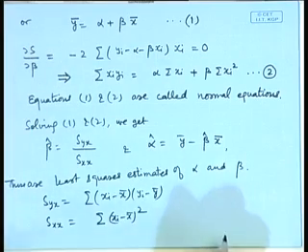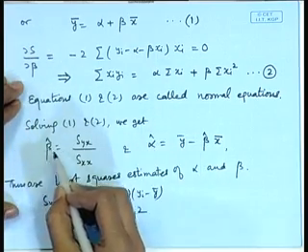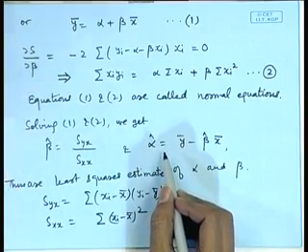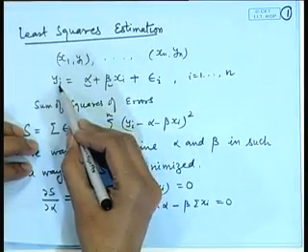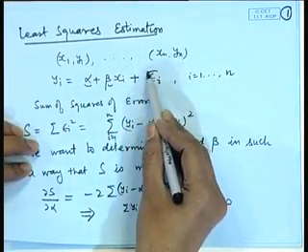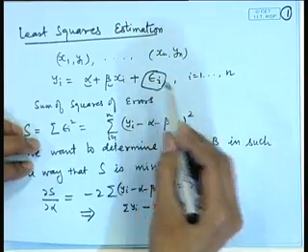It can be shown that this alpha hat and beta hat are actually unbiased. Now, for that we have to make certain assumptions on the model. We have assumed that yi and xi are related through this relationship, and we have introduced a random error here, epsilon i.